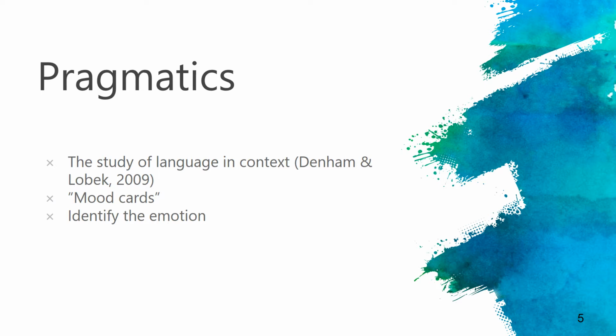Pragmatics is the study of language in context, and I think this is the area of linguistics that ties most into practice as a school psychologist, because in my experience I have often worked with students who have difficulty with social interactions, whether because they can't interpret a social situation correctly, they don't know how to respond appropriately, they don't know what's being asked of them, or they can't express their own emotions well.